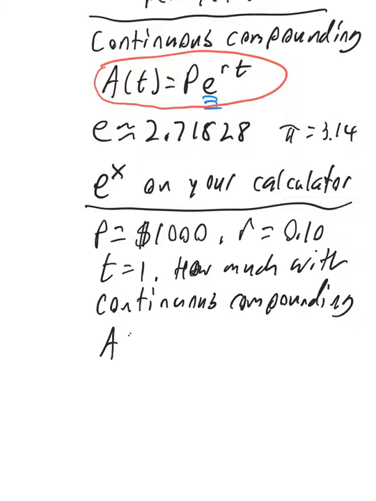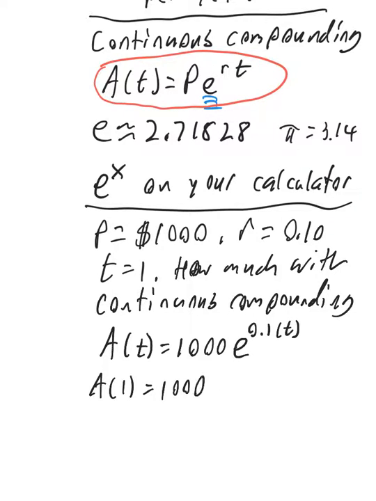All right, so we want A of 1. Well, we'll use A of t. Our equation is going to be 1,000 e to the 0.1 times t. If t is 1, A of 1 is just going to be 1,000 e to the 0.1 times 1. If we use an e to the x button on a calculator, we'll get e to the 0.1 as 1.10517.